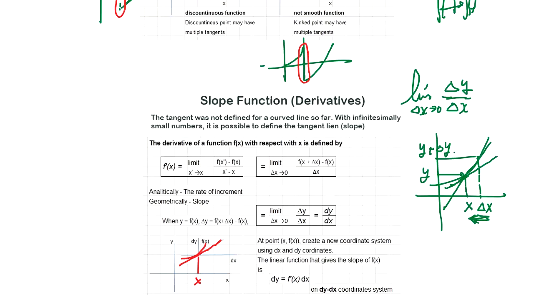At the final point, we get a definite number, and that number we call dy/dx. Why we call that? Because this is a slope function, slope value of the original function. Okay, so this is the definition of derivative.